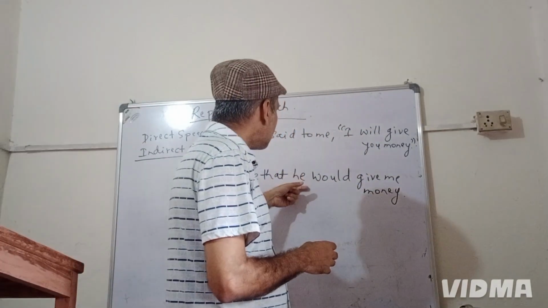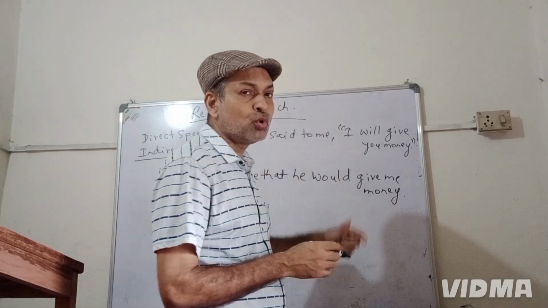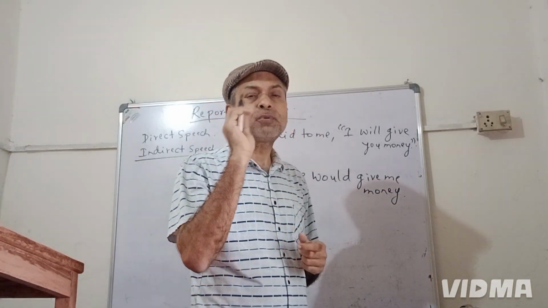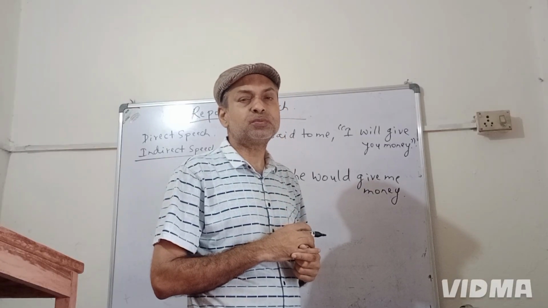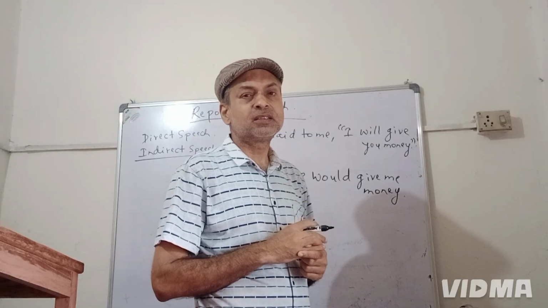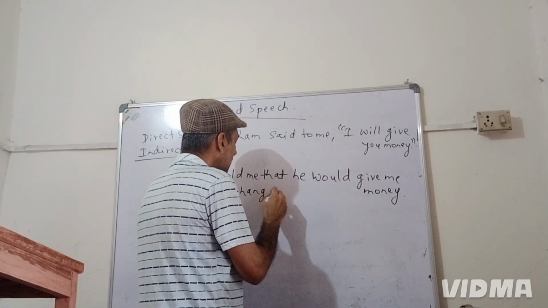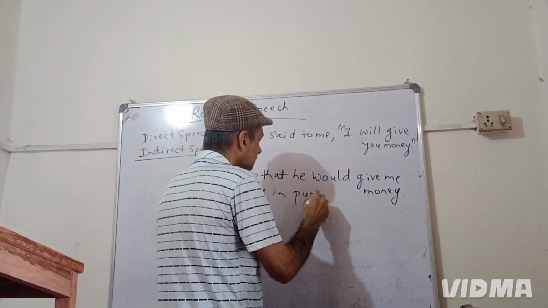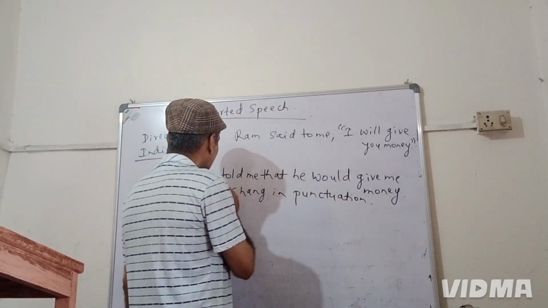And in the indirect speech, this comma and inverted commas are removed. So this is the first rule of converting direct speech into indirect speech: change in punctuation.